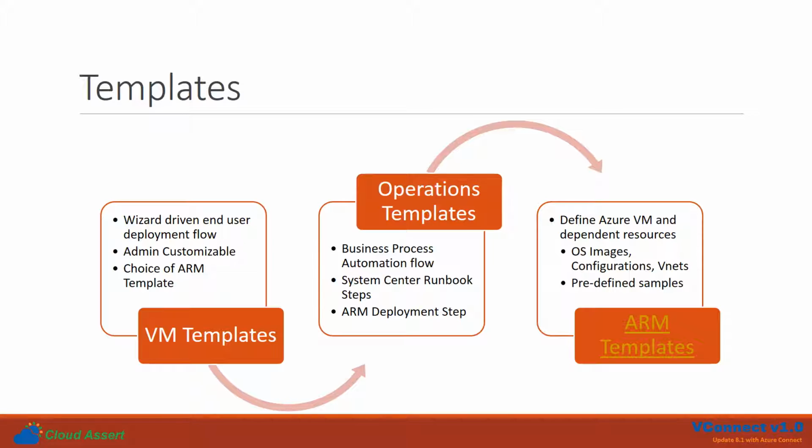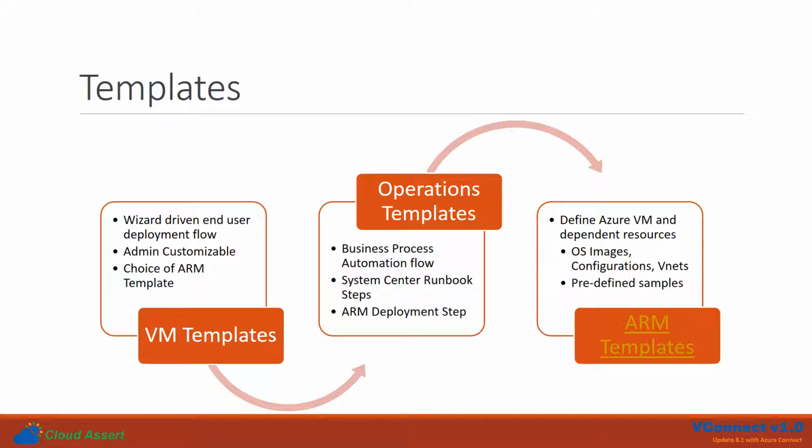Operations templates of vConnect define the business process flow. As an administrator, you orchestrate what steps are taken for deploying a VM template. You could invoke a System Center runbook, or you could simply send an email as part of these steps.